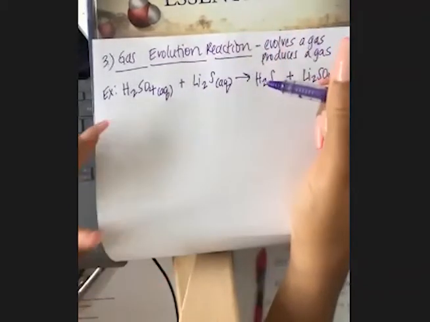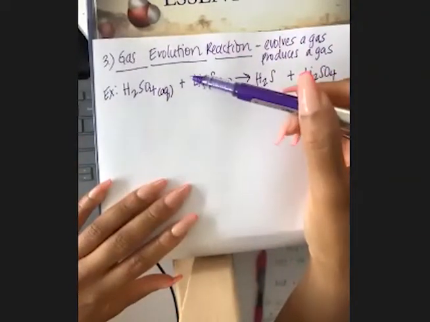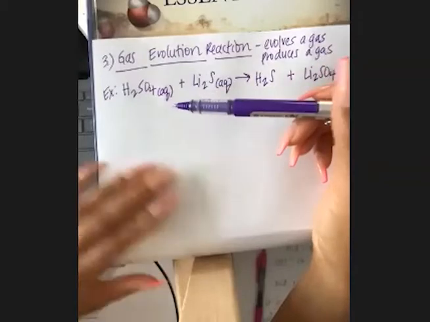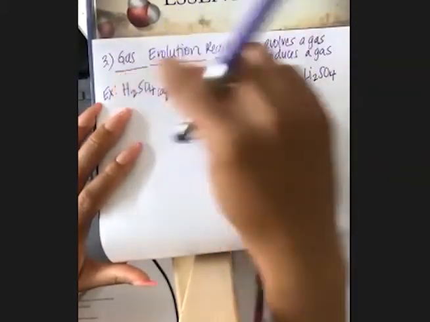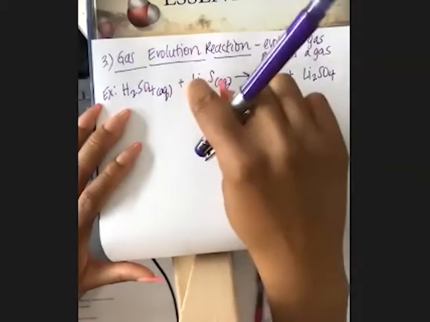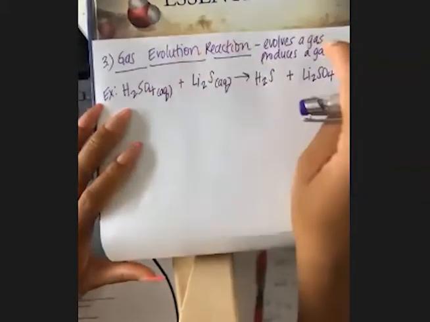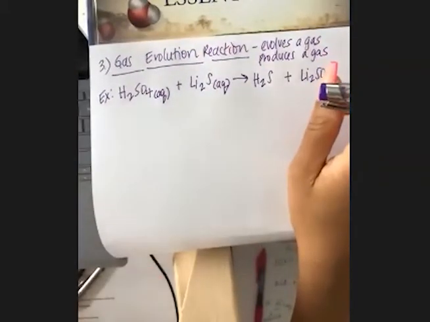These just happen to both have the same subscript, but remember, when we switch our cations, we have to make new formulas. Hydrogen goes with the sulfide: hydrogen is 1+, sulfide is 2-, so it has a 2 here. Lithium goes with the sulfate, SO4 2-, so it has a 2 here as well.